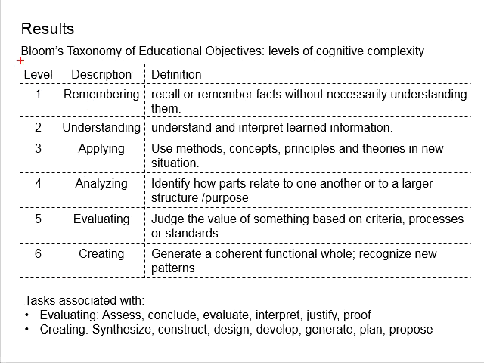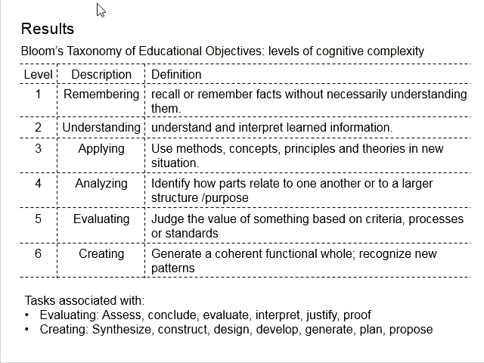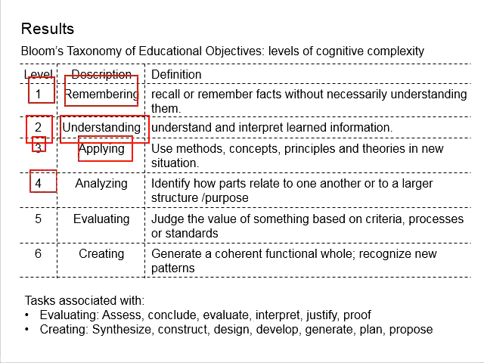The levels of Bloom's taxonomy for the cognitive domain are given here. Level 1, remembering. Level 2, understanding. Level 3, applying. Level 4, analyzing. Level 5, evaluating. And level 6, creating.